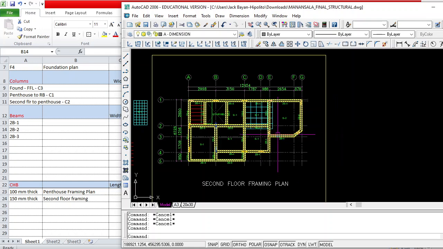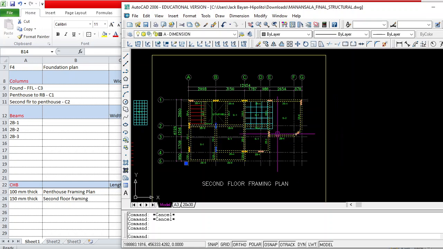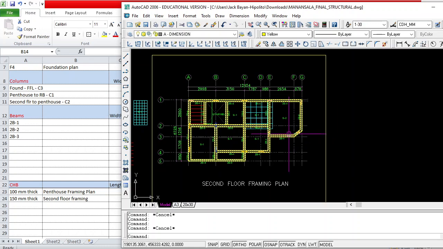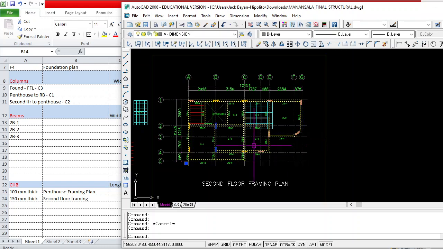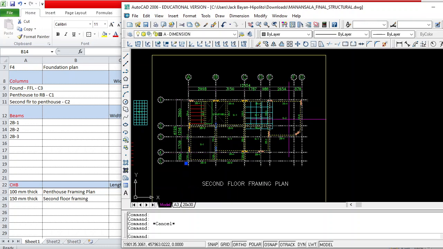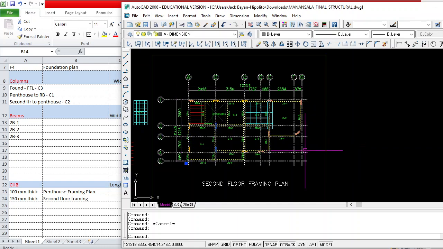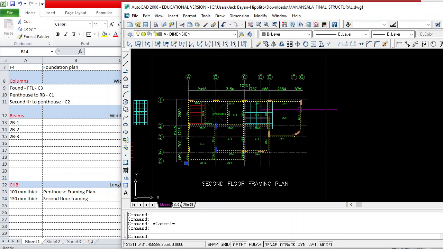150 millimeter thick. This will be the total length of your wall. So, you have to determine the total length of the wall. Make sure that you remove, of course, the posts. This is a more intensive estimation.